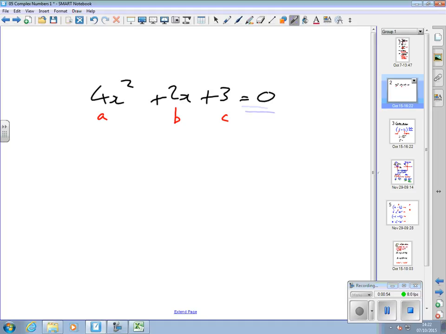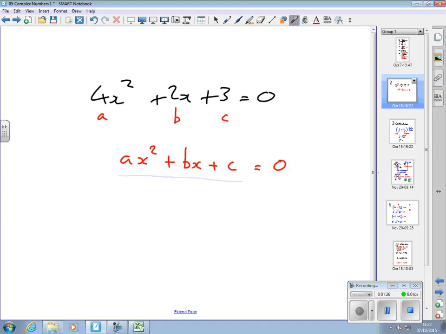And then we have what's called the general quadratic, where a, b, and c are constants, and they are the coefficients of x and x squared. So a is the coefficient of x squared, b is the coefficient of x, and c is a constant that's there as well. So this is taking into account all possible quadratics, isn't it? Because a, b, and c can take any value, including 0.